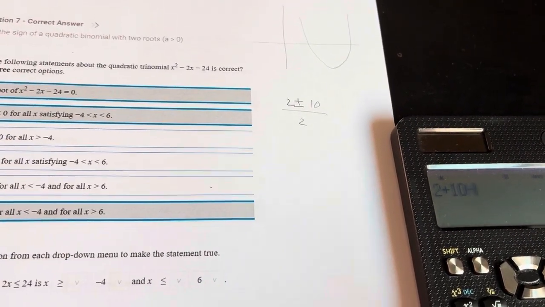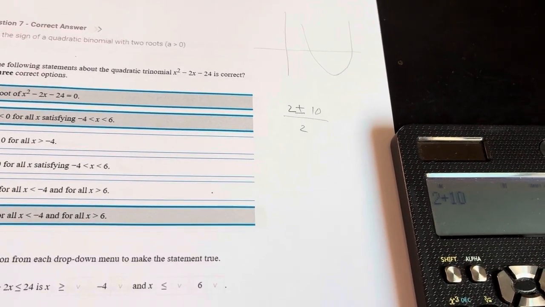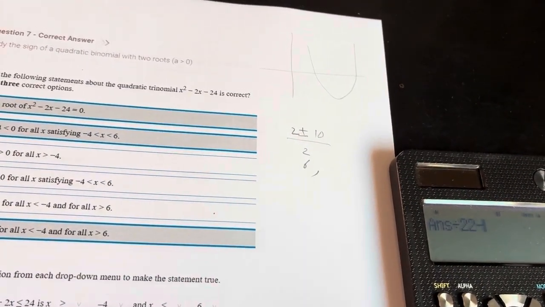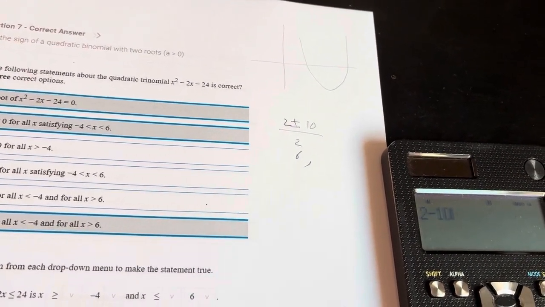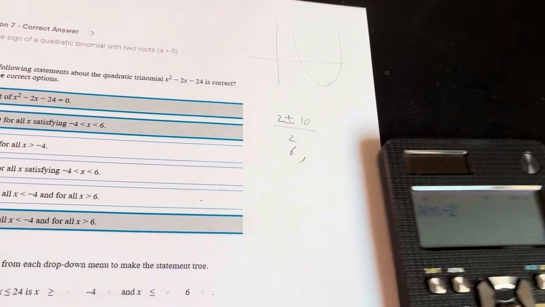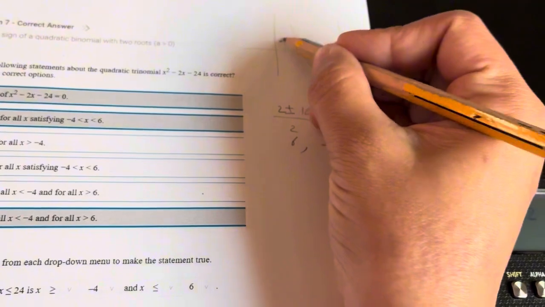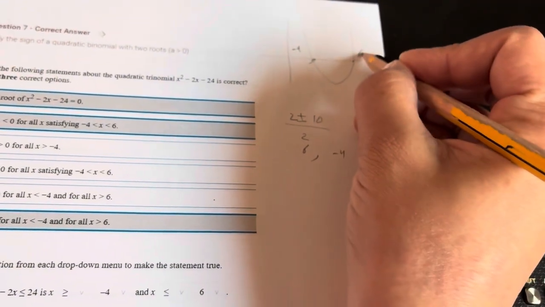So 2 plus 10, 12 over 2 is 6, so you have 6 as one root. 2 minus 10 is minus 8 over 2, and minus 4 is another root. So here this is minus 4 and this is 6.